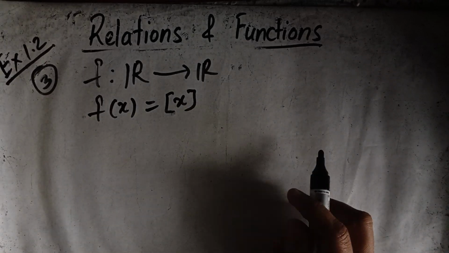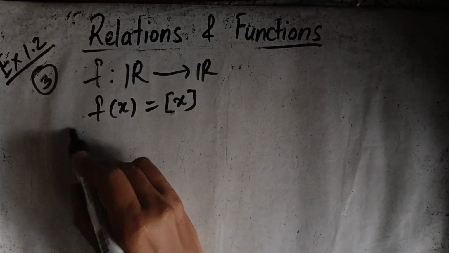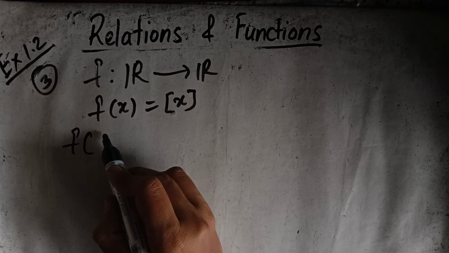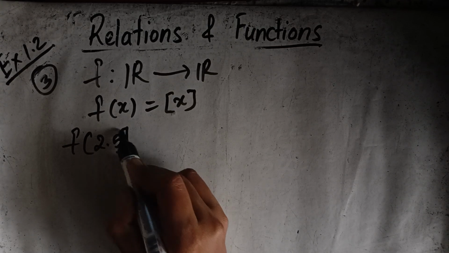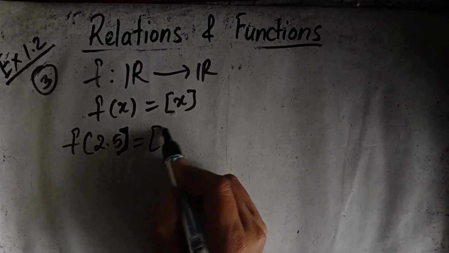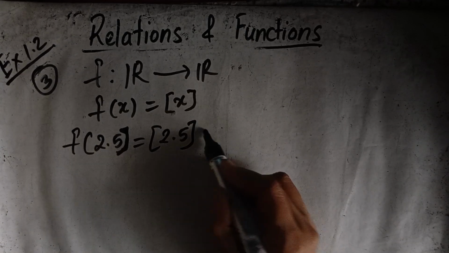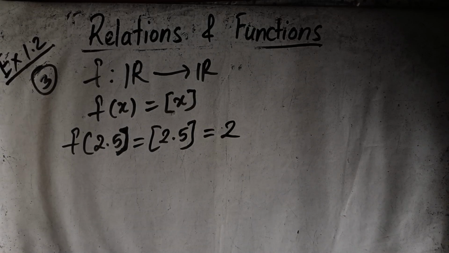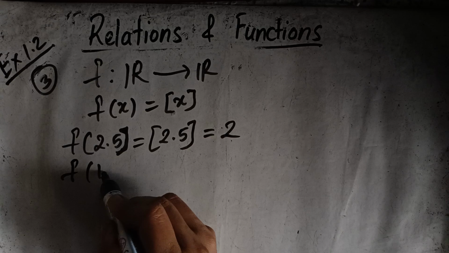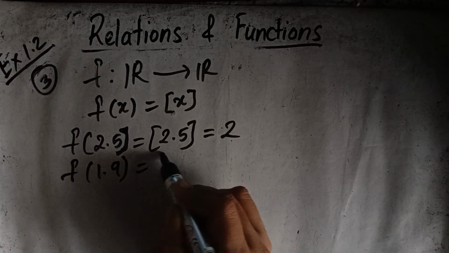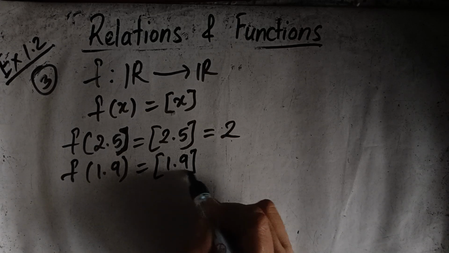It is less than or equal to, which means if I take a number, say 2.5, you will get 2. For 1.9 you will get 1.